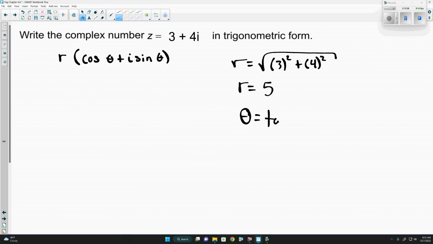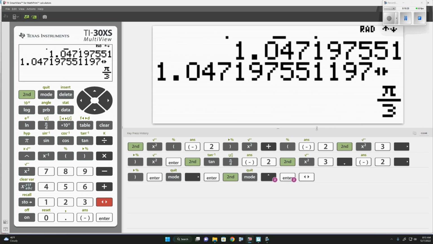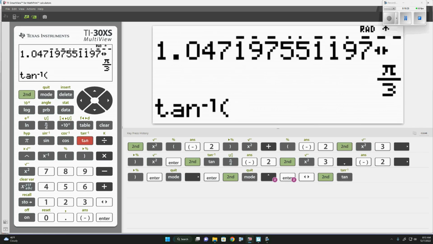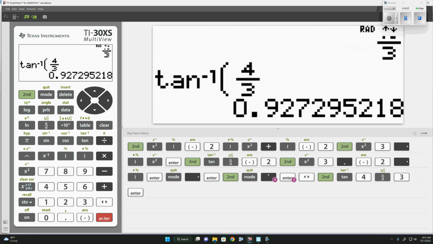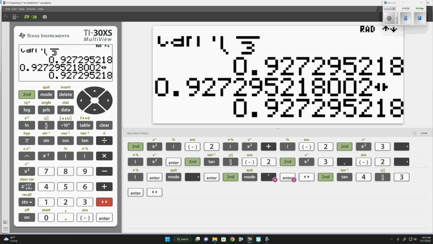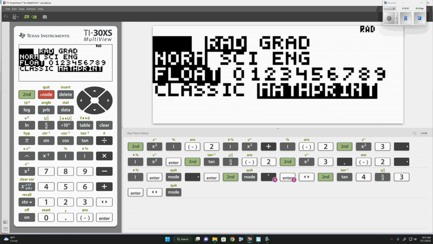Theta is equal to tangent inverse of b over a, so 4 over 3. And we can grab the calculator, say second tangent inverse, 4 over 3. We get this here, which is this. Switch it back to degrees.